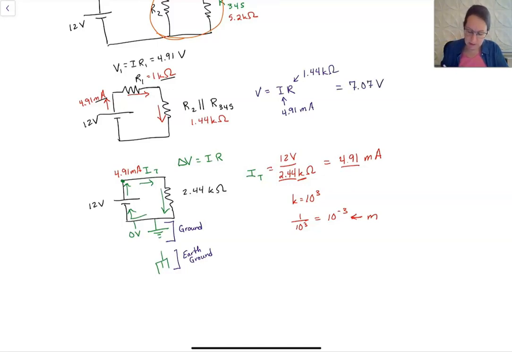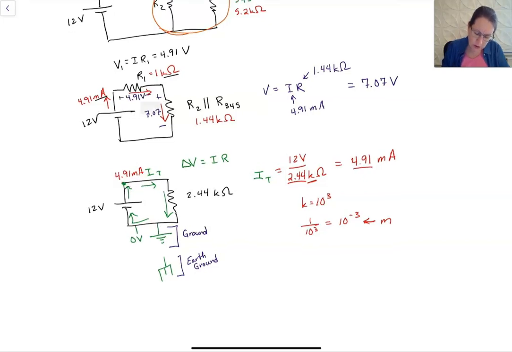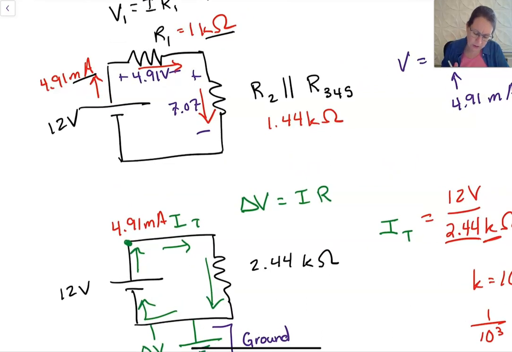So we can check this value, because the voltage across this is 7.07 and the voltage across this is 4.91 volts. If we add those two together, 4.91 volts plus 7.07 volts gives me 11.98 volts, which is supposed to be 12, so our rounding would give us actually 12.